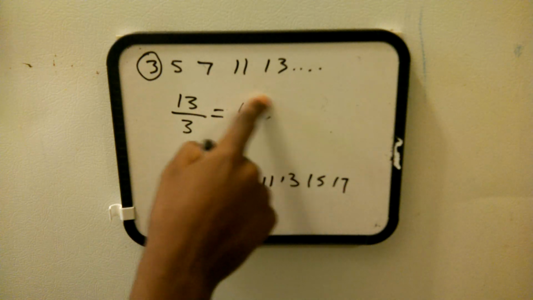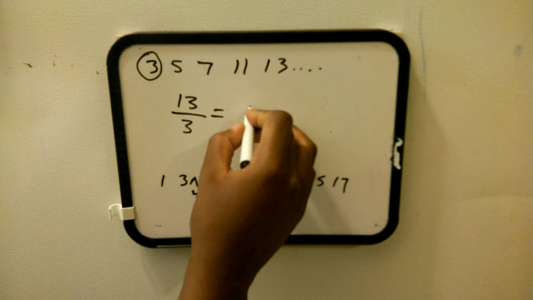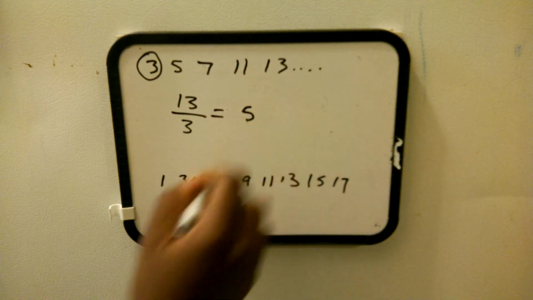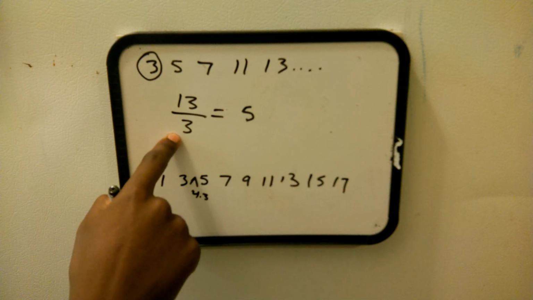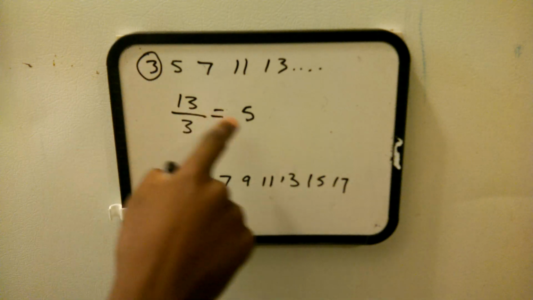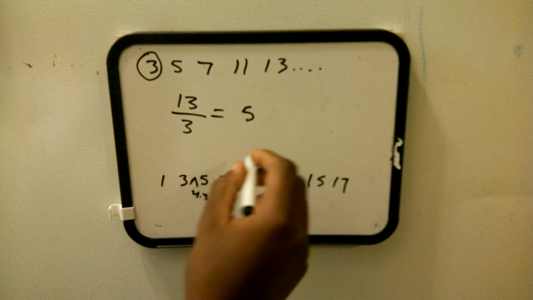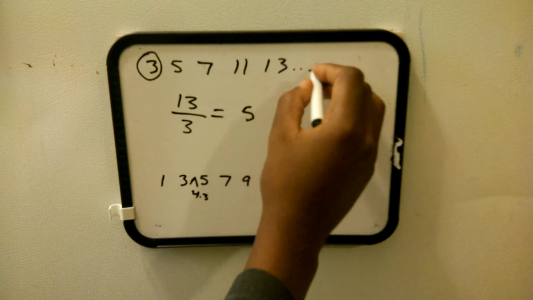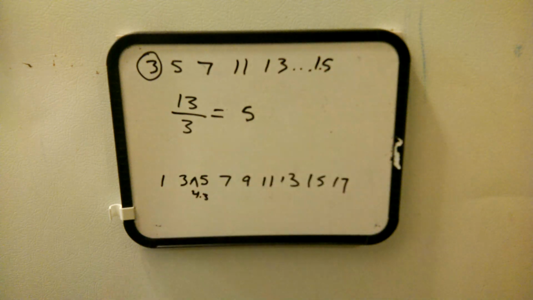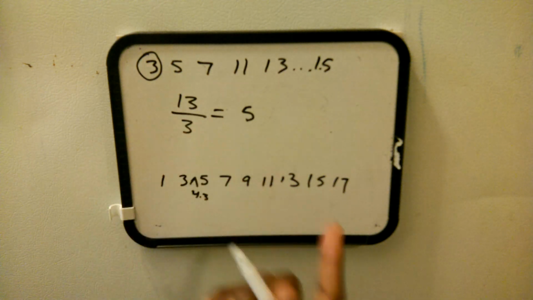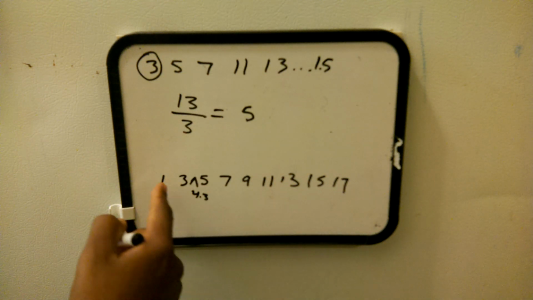So then you want to take that 5, take the prime number here, multiply times that 5, and you get 15. That's all we need to find the next prime number. How do I know? Because now you just count by the odd numbers.